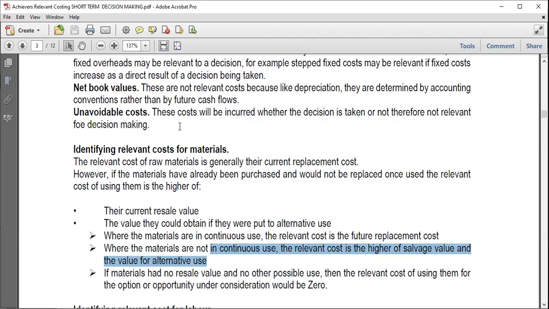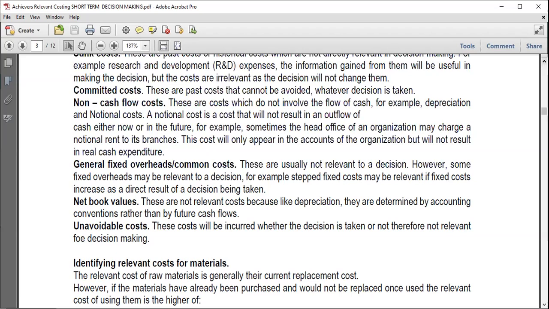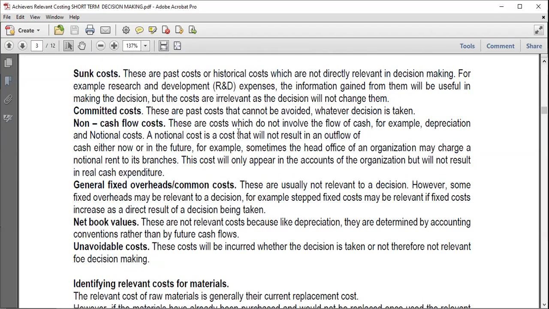Somebody is asking here: I'm not getting the difference between committed and unavoidable costs. I just want to clarify something small here. Of course, they have similarity. But what we are saying is committed, I gave you an example: it could be a contract you already signed, maybe with a telecom that has been supplying you internet, and you pay them for the whole year.